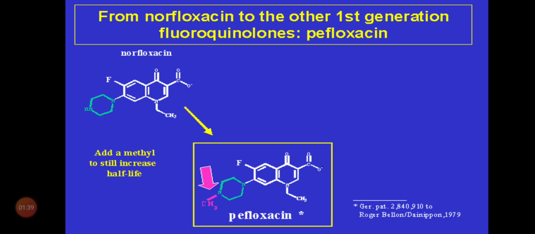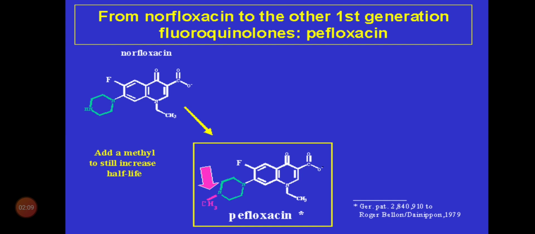First generation quinolones, from norfloxacin to other first generation fluoroquinolones, that is pefloxacin. In the first section, we learned which things we have to modify so the drug becomes more potent, more active, which increases the spectrum of activity.